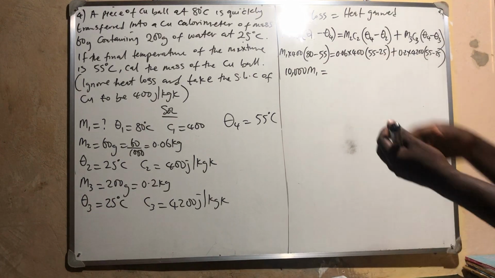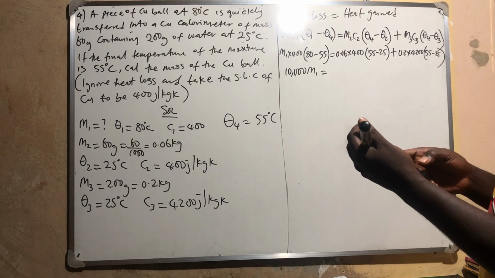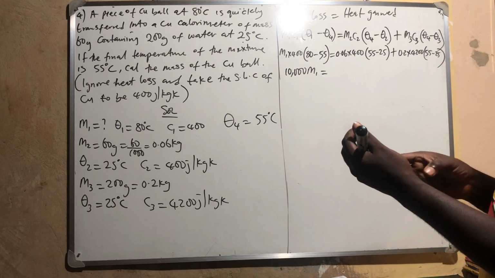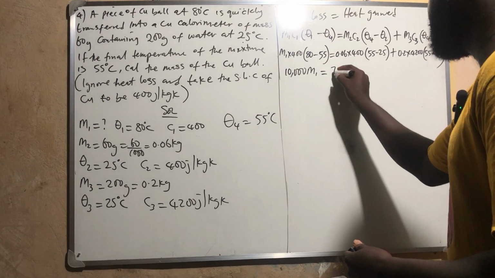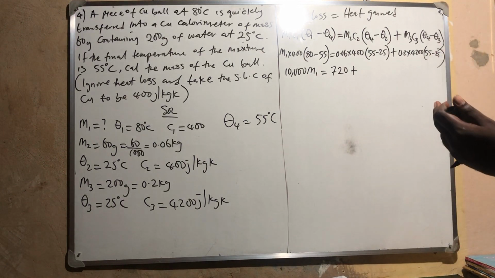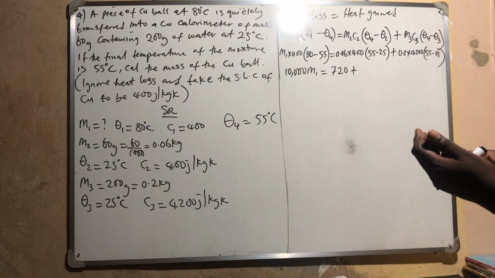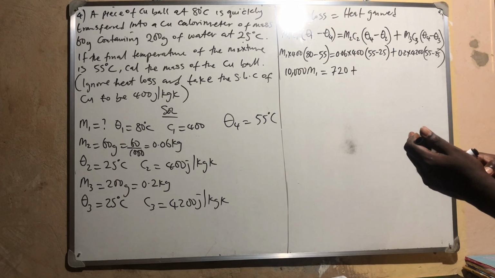First of all, 55 minus 25, you have 30. 30 times 400 times 0.06, so I have 720. 720 plus, let's do here, 55 minus 25, 30 times 4,200 times 0.2.